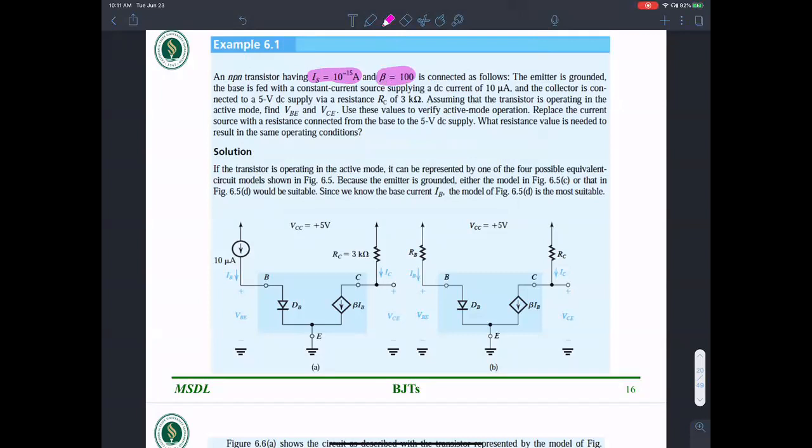The emitter is grounded, like so. That's the emitter of an NPN transistor.